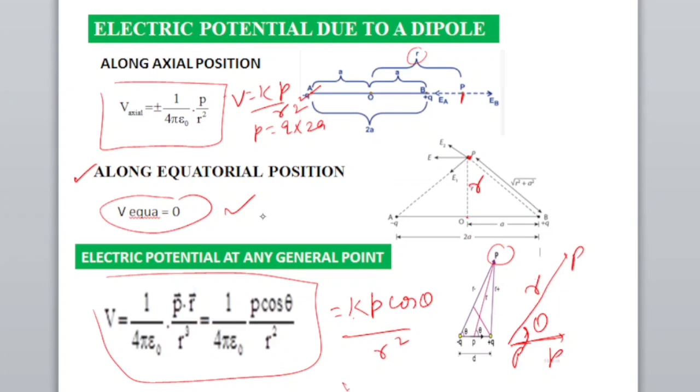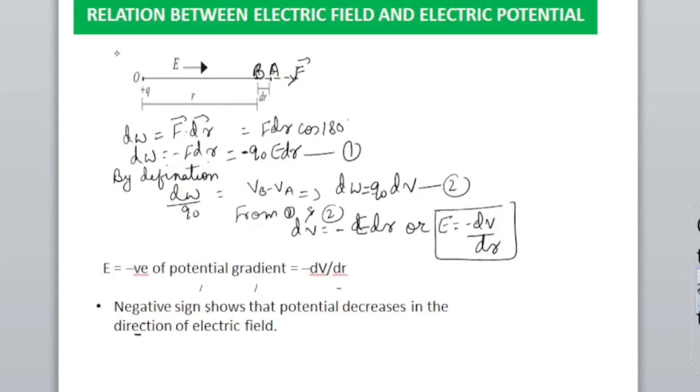Okay. Next, the relation between electric field and electric potential. Suppose there is a source charge plus Q. Now you have to find the relation between E and V. You know that due to this charge there is an electric field around it, and if there is a test charge Q naught at this point A, it experiences force in this direction. So if you want to move this test charge from A to B, you have to do some work.